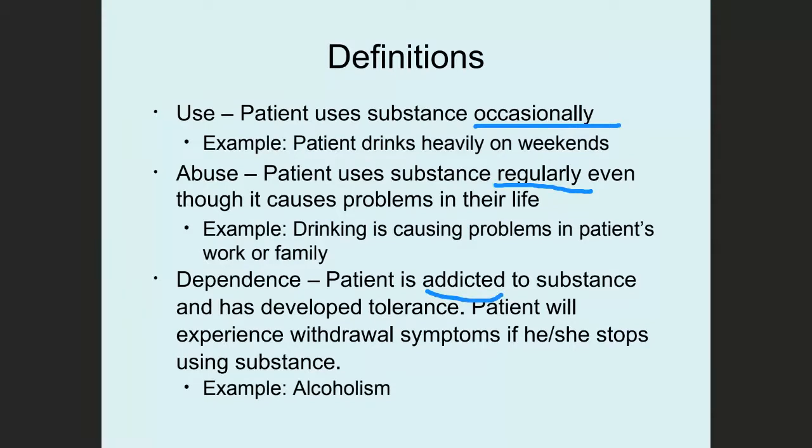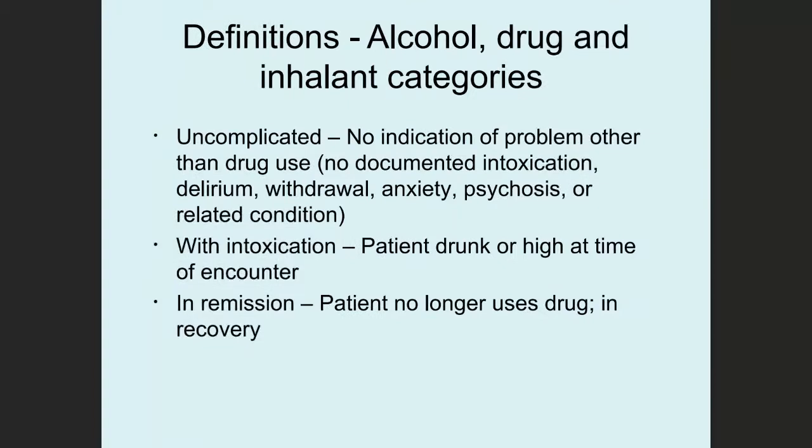alcoholism. The categories for alcohol, drug, and inhalant use, abuse, and dependence include digits for uncomplicated, with intoxication, and in remission. So what do these mean? Uncomplicated means there's no indication of the problem other than drug use. No documented intoxication, delirium, withdrawal, anxiety, psychosis, or related condition. So if nothing else is documented, we're going to use uncomplicated.